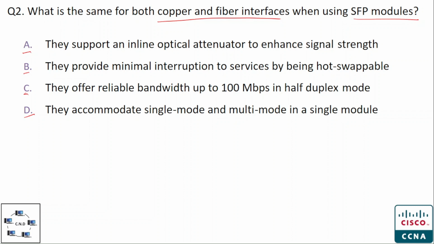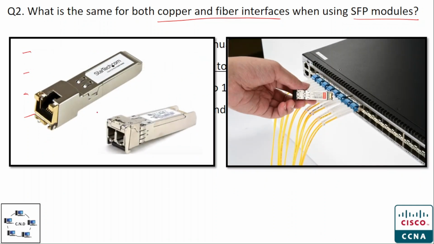And the correct option is that both the copper and fiber SFPs provide minimal interruption to services by being hot swappable. So these are basically the SFPs. This is the fiber SFP, the optical fiber cable SFP, you can call it.